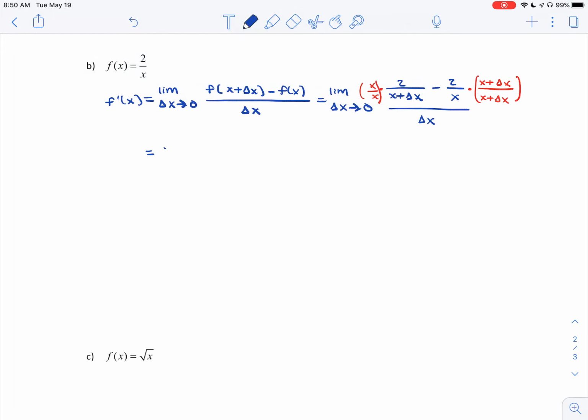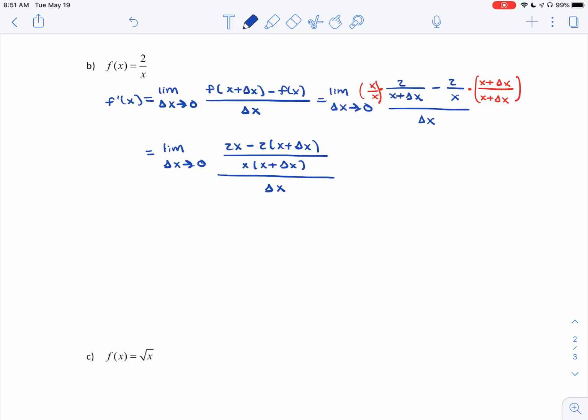All right, so this would become the limit as delta x approaches 0. And now this would be 2x minus 2 times the quantity x plus delta x all over x times x plus delta x, and that whole thing still divided by delta x.